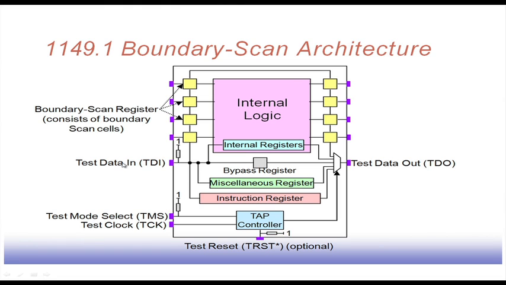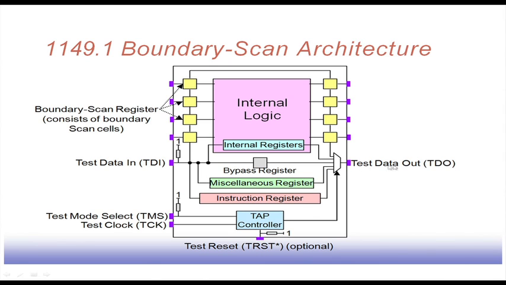So, there is a serial test data input pin and there is a serial test data output pin. If this test data input is kept floating, then it is tied high. Similarly, there are some other points where it is tied high. Now, this test data input can go to various places, like this chain of scan cells. It can go to this instruction register, or some other miscellaneous registers that we will see, and also there is a bypass register.